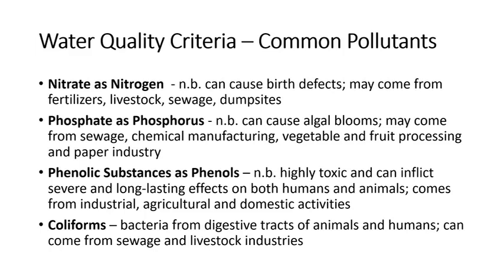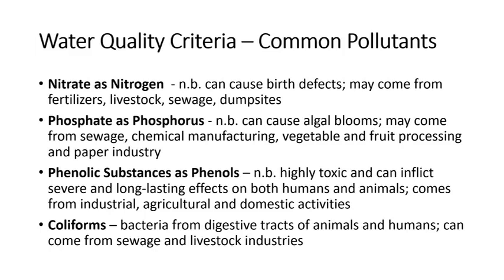Note that excess phosphate is essentially food for algae, and too much phosphate can cause algal blooms, which can suffocate all the fishes in your body of water, resulting in fish kill.